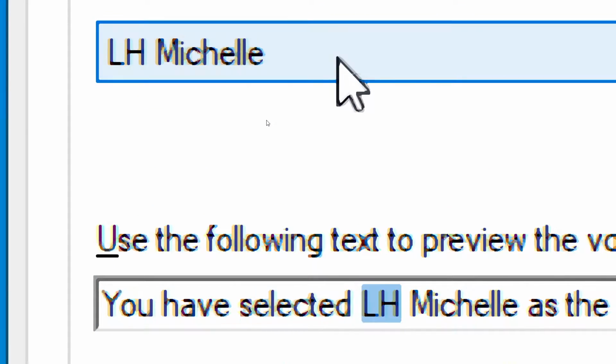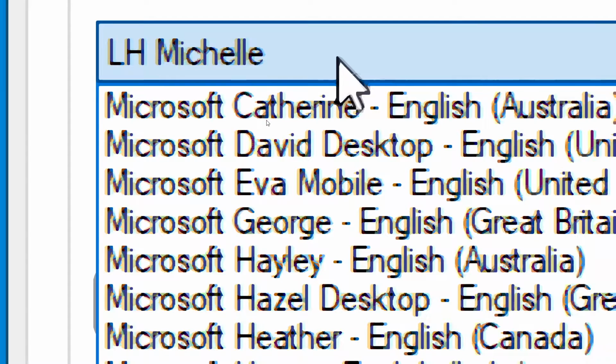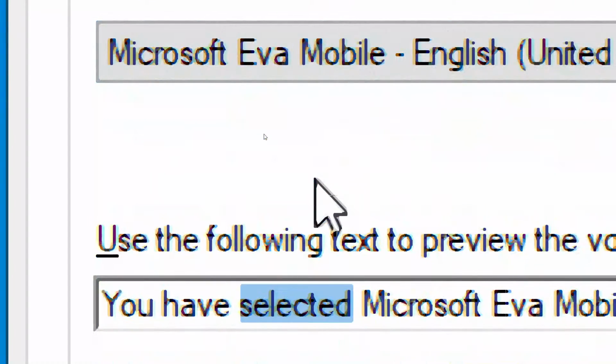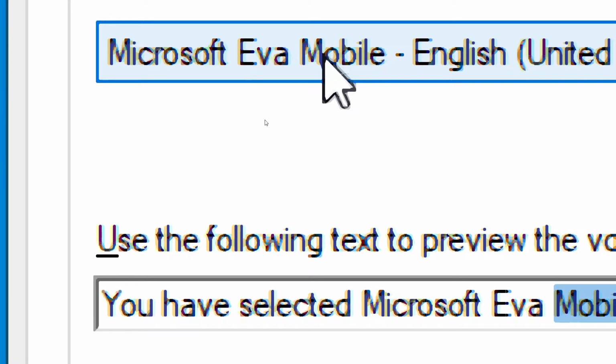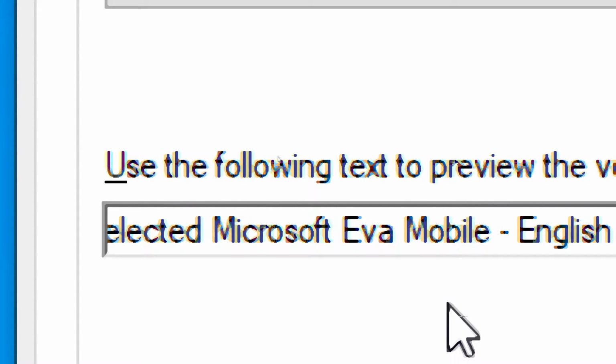You have selected Lernout and Hauspie Michelle as the computer's default voice. You have selected Microsoft Eva Mobile, English, United States, as the computer's default voice.